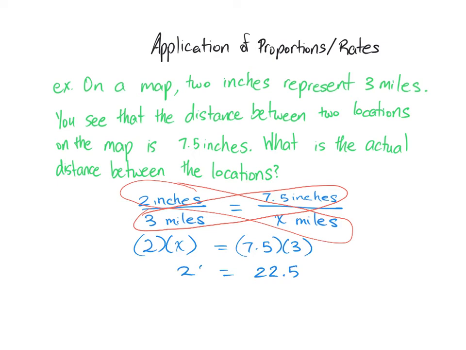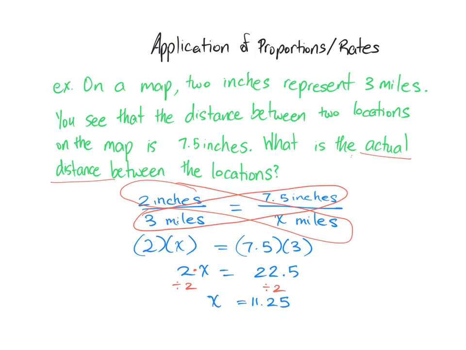And on the left side, we just have 2x. Now we're trying to isolate our x. And since it's being multiplied by 2, we have to do the opposite of multiplying by 2. We have to go ahead and divide by 2 on both sides. And we get that x is equal to 11.25.